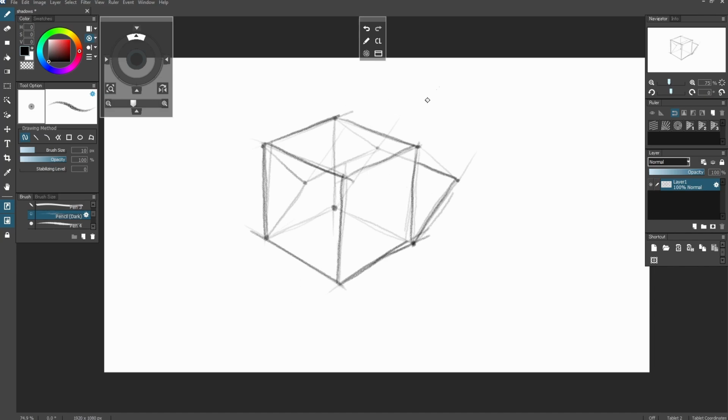And now since the shadow is going backwards, this side is going to be lit. So let's shade this side of the cube right here, the shadow. Alright, so we have this shaded, and like I said, since this is going to be lit, I am going to shade only this side of the cube.